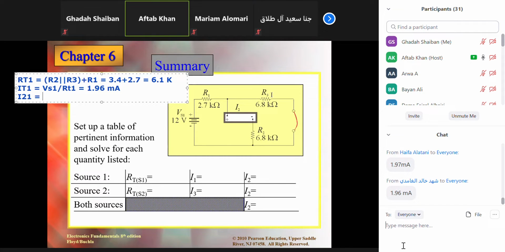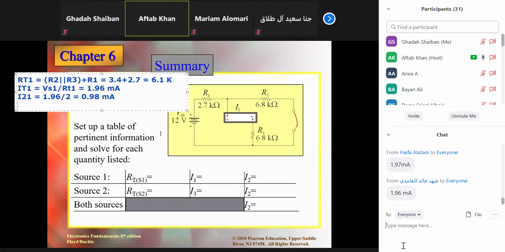One will go in R3, another will go here, and both resistances are of the same value. Equal. So it will be divided equally. So it is going to be 0.98 milliamps. All right. So we are done with one step, by considering one source.